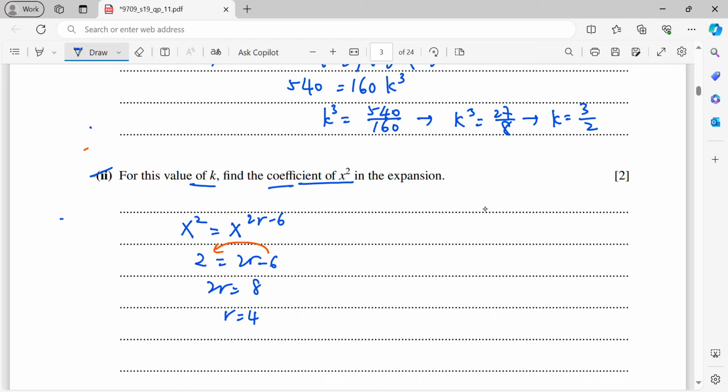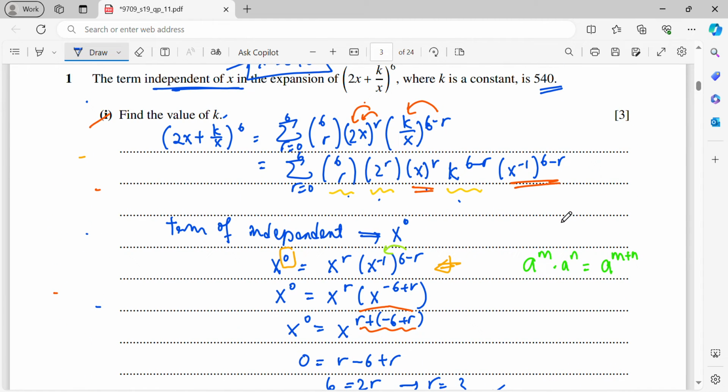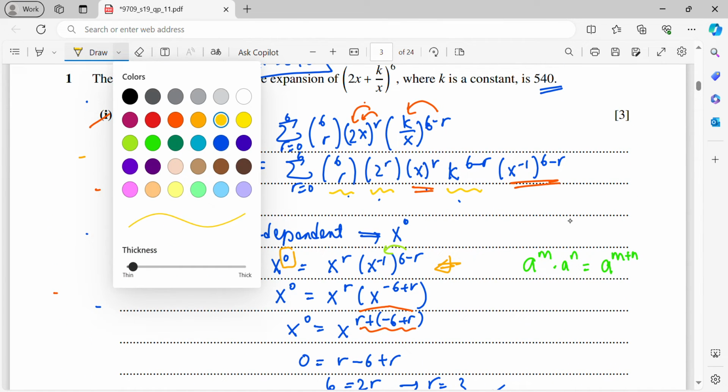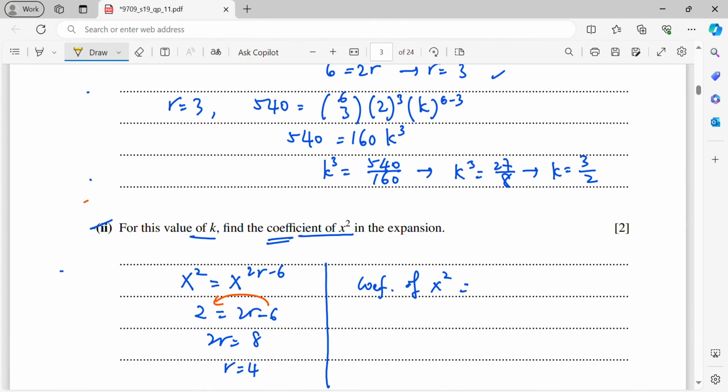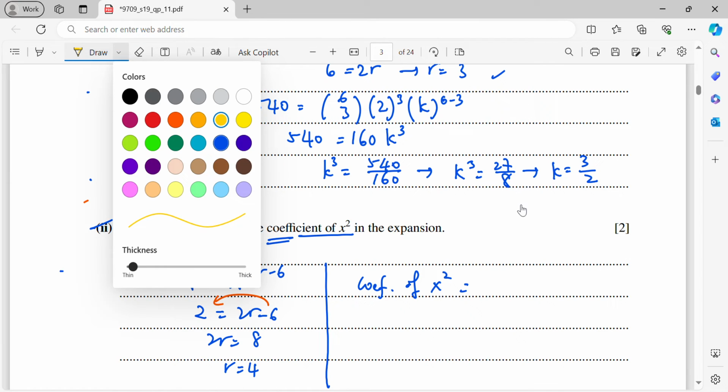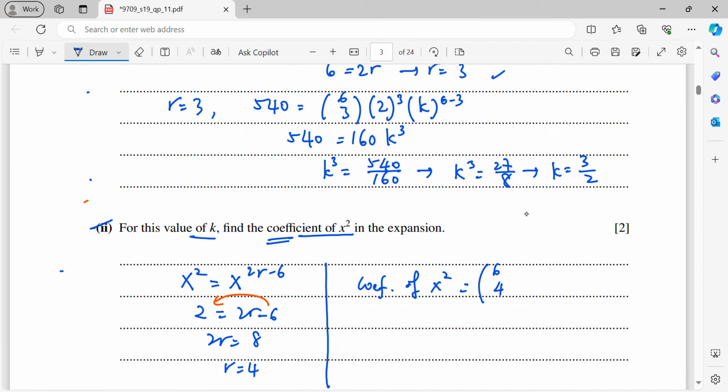And now the coefficient for x squared. So now here I will just write coefficient of x squared. I will use back the same 3 values, just refer back to these 3 values and replace the r value. So I will get 6cr. Now your r is 4, so it will be 6c4.